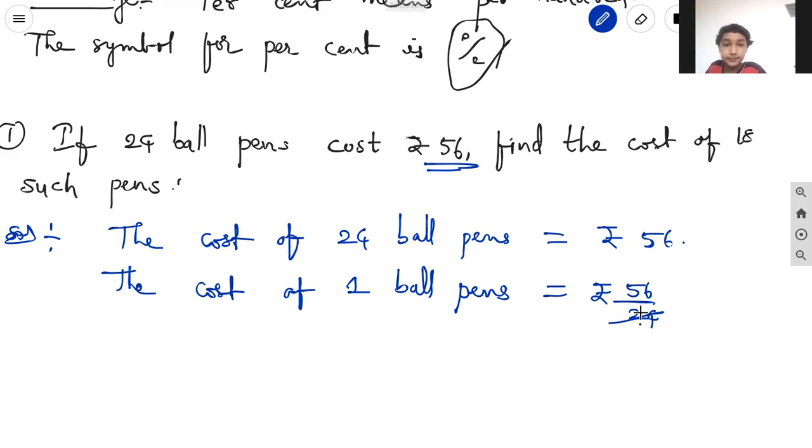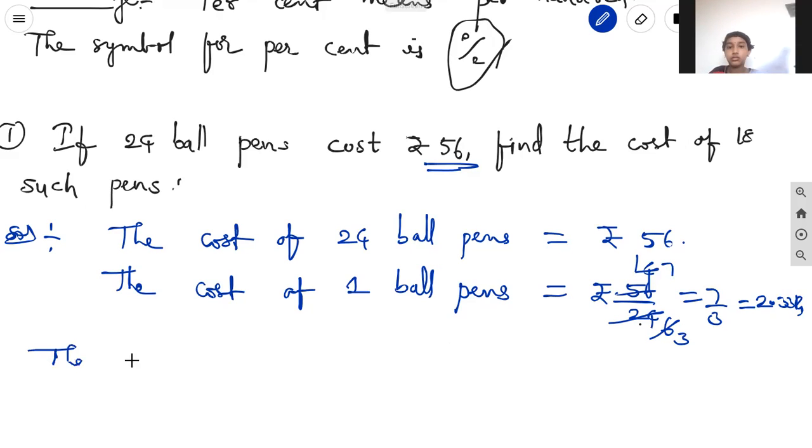Here 4 6s are 24, 4 1s are 4, 4 4s are 2 3s are 6, 2 7s are 7 by 3. That is nothing but 2.333 rupees, or 7 by 3 rupees. Now we can find out the cost of 18 ball pens.